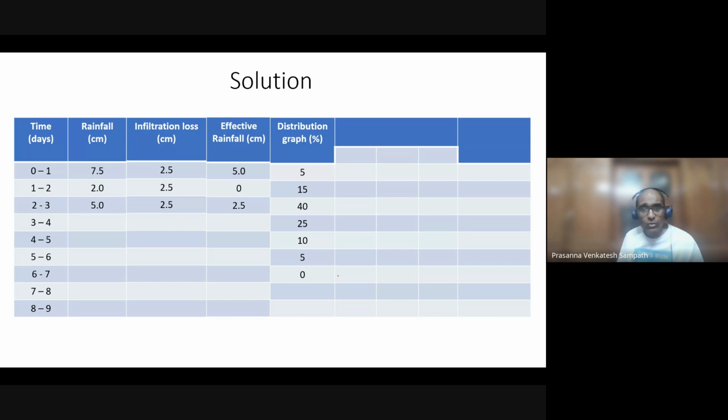So if 5 centimeters of effective rainfall happens due to the rainfall on day 1, the distribution graph tells us how much of that 5 centimeters will happen on the first day, how much will happen on the second day, the third day, fourth, fifth, and sixth days respectively. So how much will happen on the first day? What is the percentage of effective rainfall that will happen on the first day?